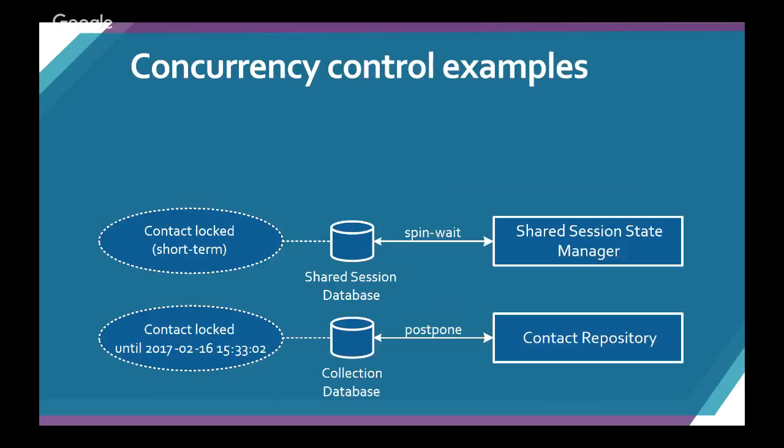And that means that this spin lock, you'll be able to acquire the lock after 1 or 2 seconds. So you don't have to postpone. This is not like an expiration lock. You're just waiting until this shared session state manager returns the contact to you. It just locks the thread, and that's it.